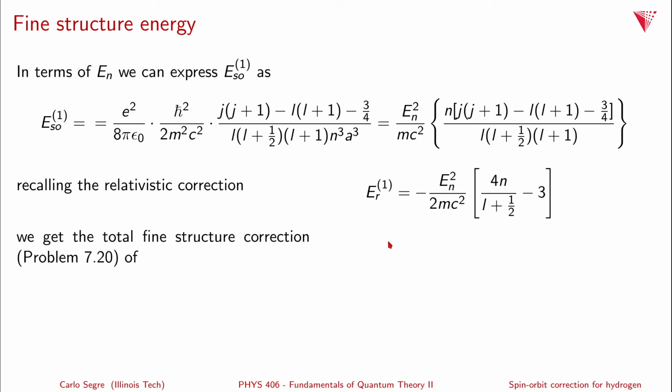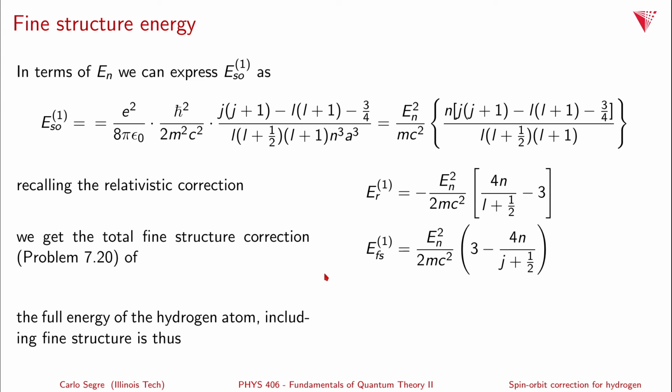If you combine these two, and that's done in problem 7.20, the total fine structure correction, which is the sum of spin orbit and the relativistic corrections, comes out to something relatively simple. It has the same prefactor, E sub n squared over 2mc squared, multiplied times 3 minus 4n over J plus 1/2. So when you add them together, you get something very simple at the end.